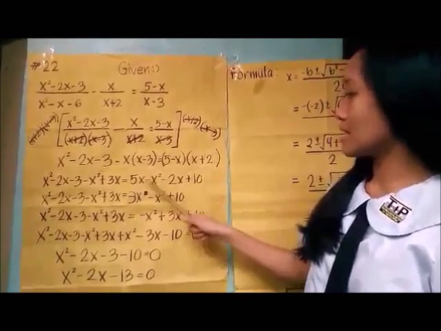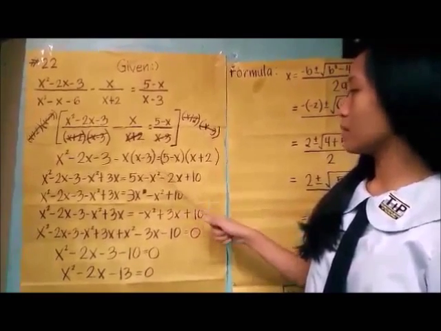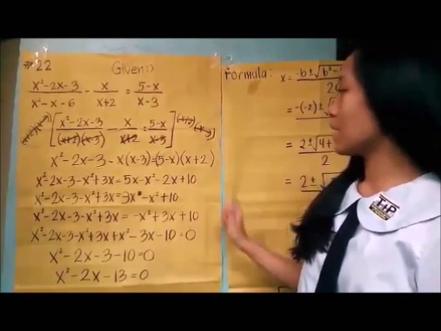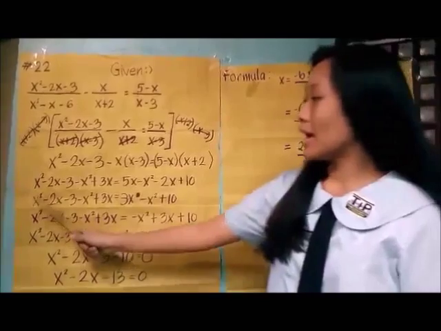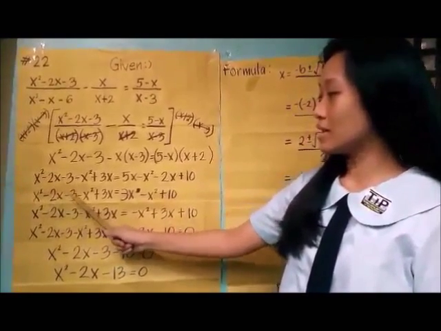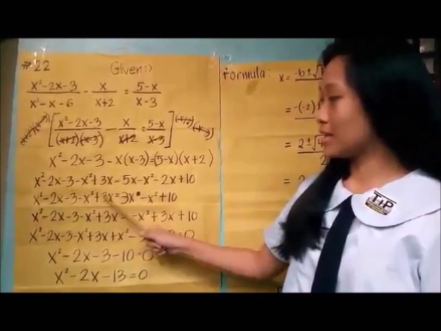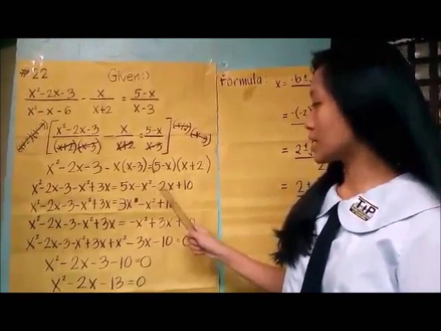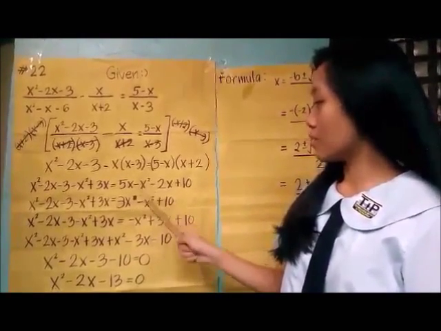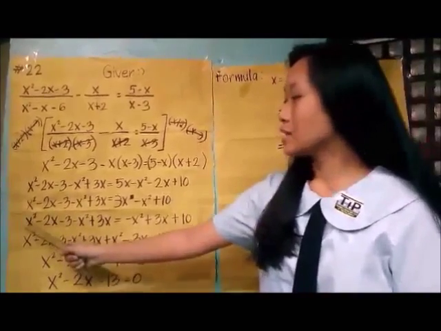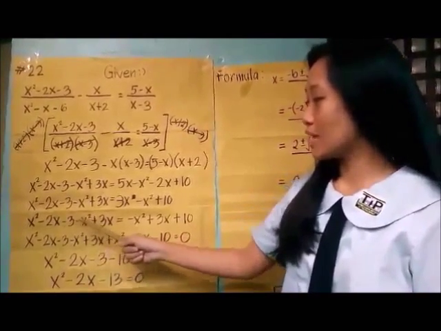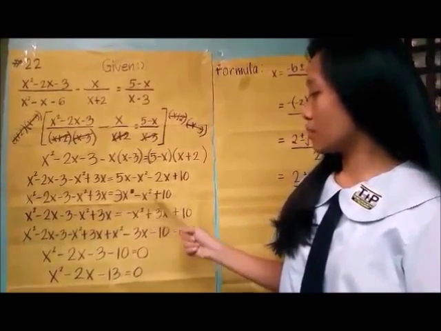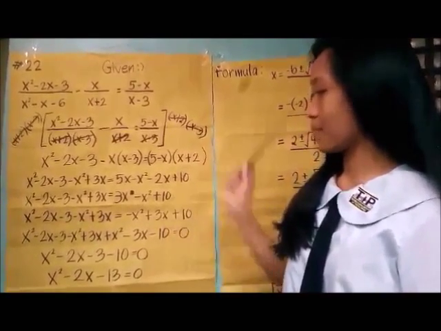Negative x times x, negative x squared. 2 times negative x, negative 2x, plus 5 times 2, positive 10. x squared minus 2x minus 3 minus x squared plus 3x minus 5x minus 2x, 3x minus x squared plus 10. x squared minus 2x minus 3 minus x squared plus 3x equals negative x squared plus 3x plus 10.